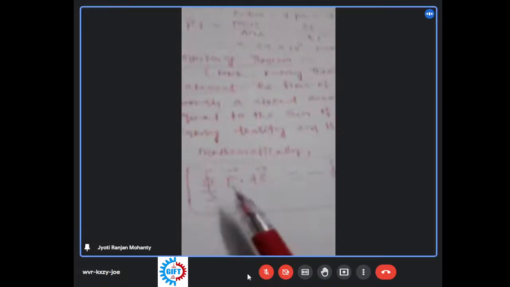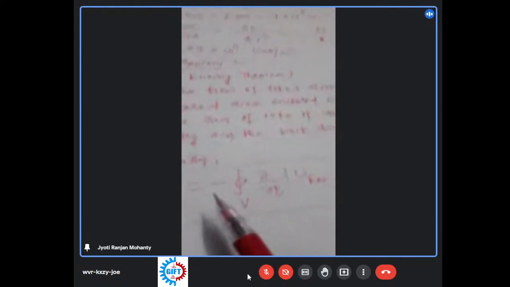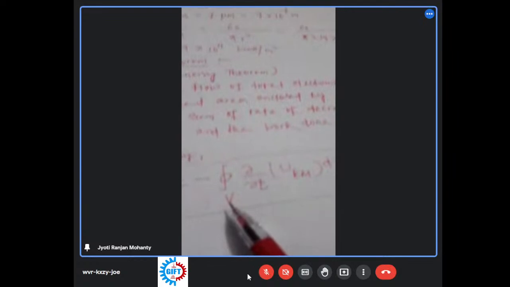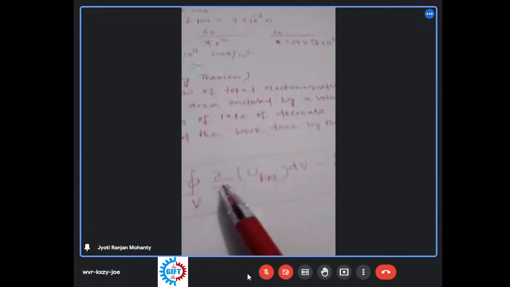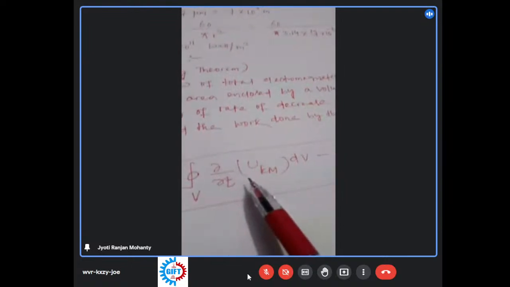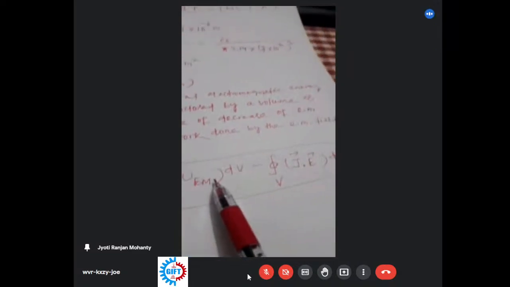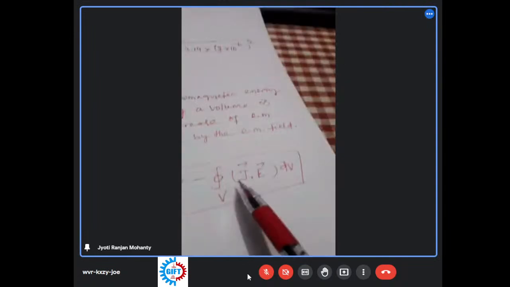Surface integration P vector dot dS vector is equal to minus, this is volume integration, del by del t u_EM. What is u_EM? Electromagnetic energy density. Very good. Electromagnetic energy density into dv, minus, this is J. What is J?